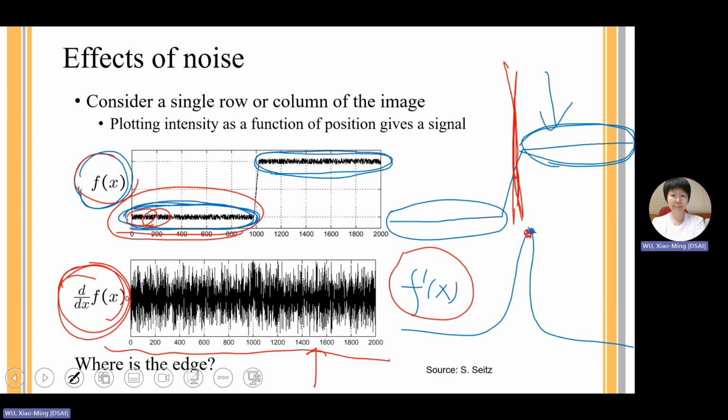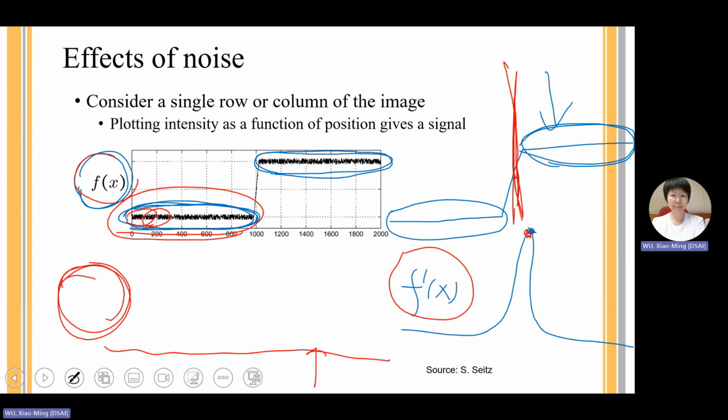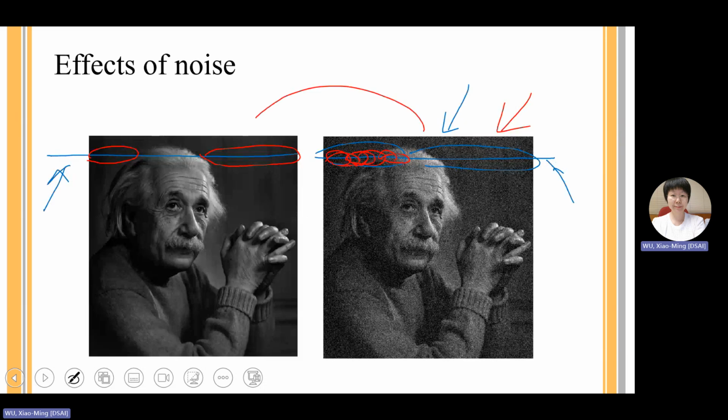So what do we do in this case? Well, so far we have learned some smoothing filters. Can we do smoothing first? We apply some smoothing filters to make the image smooth.